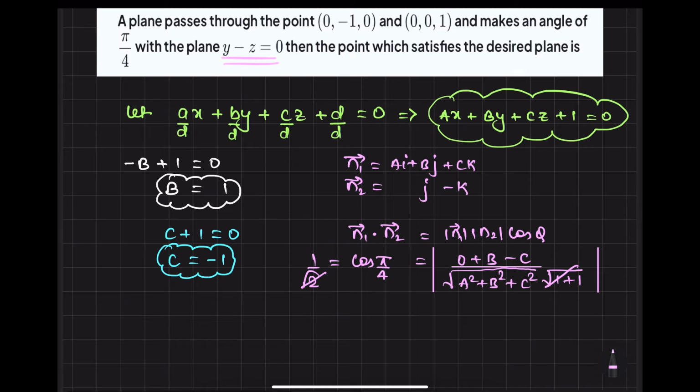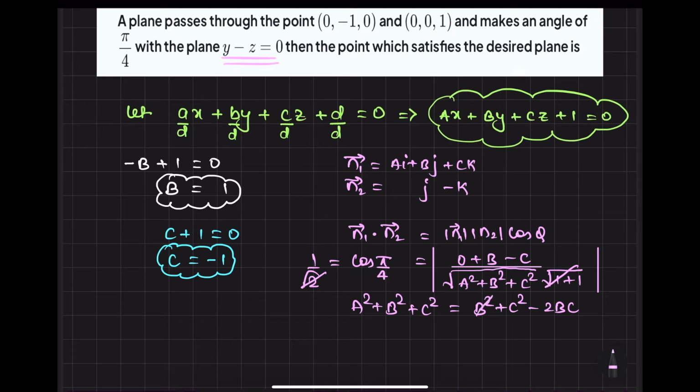Now what I will do, I will square both sides to get rid of this root as well as the mod. So on the left hand side we will have 1, so the denominator part will be multiplied. So we got a square plus b square plus c square equals to b square plus c square minus 2bc.